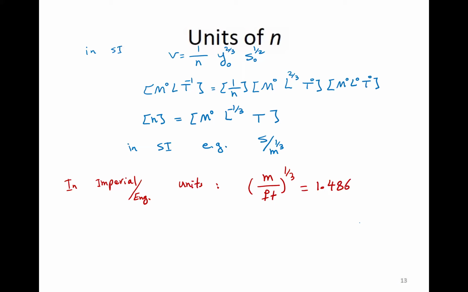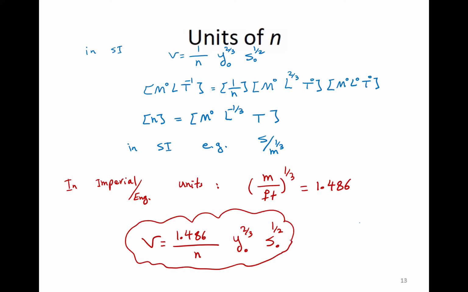So what that means is that your Manning formula in imperial will actually be 1.486 over n, y naught to the 2/3, S naught to the 1/2, and instead of 1 we have 1.486. So we need to be careful if we're using a Manning formula in imperial versus SI, because that number changes from 1 to other numbers.